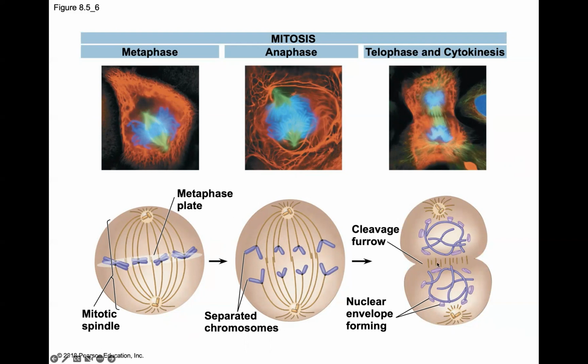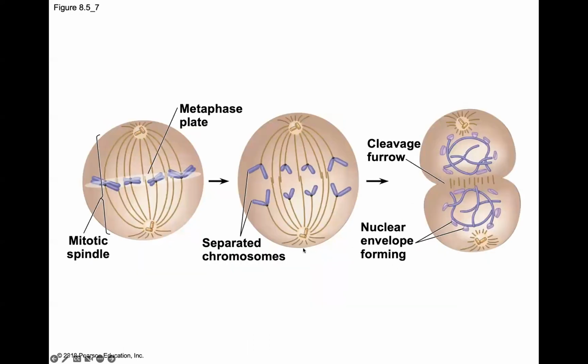After telophase finishes, cytokinesis occurs, and this cell will be split. The cytoplasm will be split, and two new daughter cells will have been generated. So here again, we've got this metaphase where we have our chromosomes aligning towards the midplate. We've got the separated chromosomes happening here during anaphase and moving towards opposite poles.